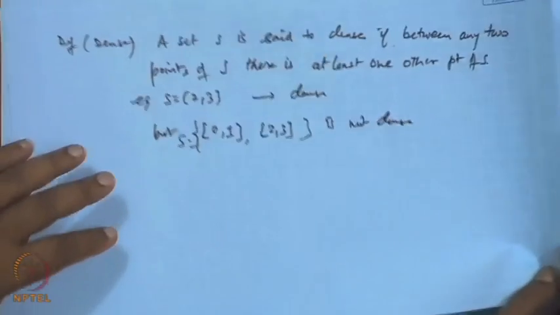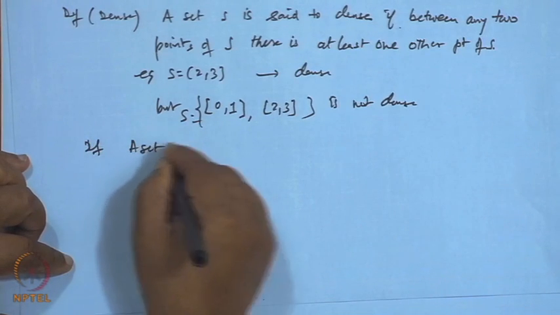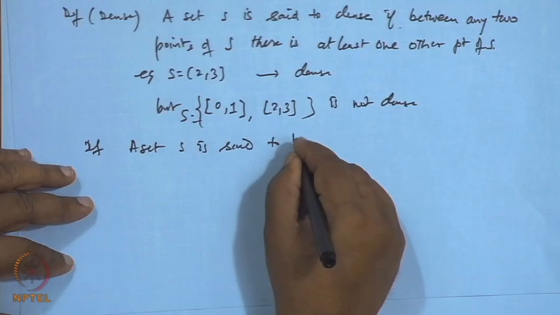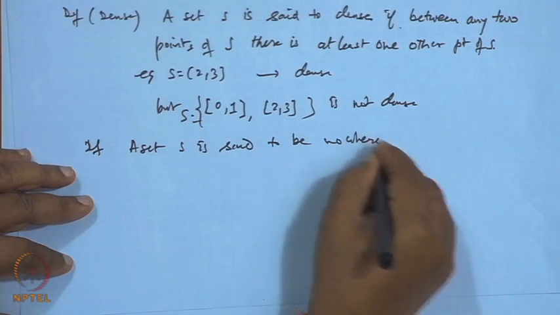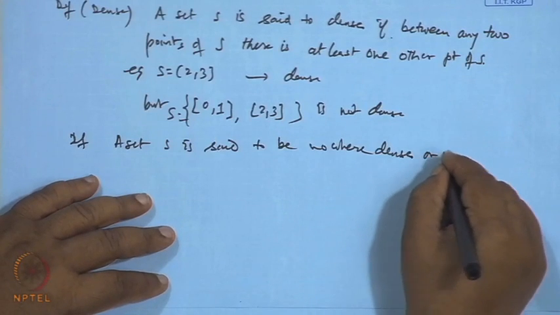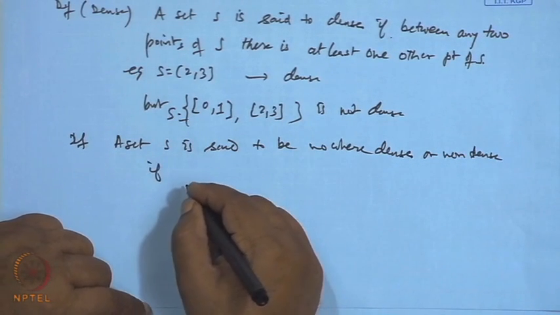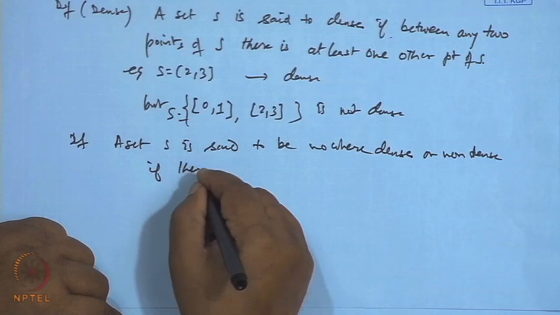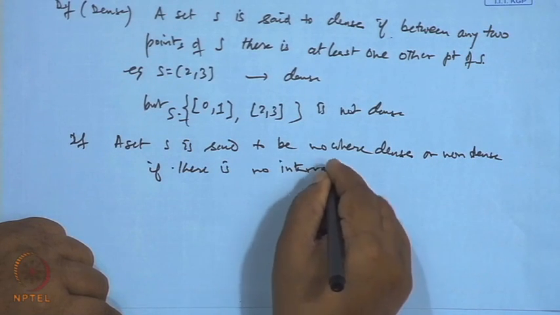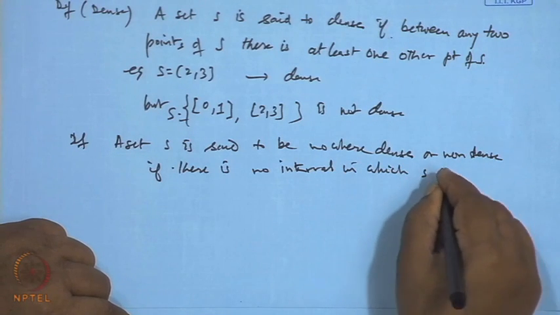Okay. Now a nowhere dense set. A set S is said to be nowhere dense, or non-dense, if there is no interval in which S is dense.